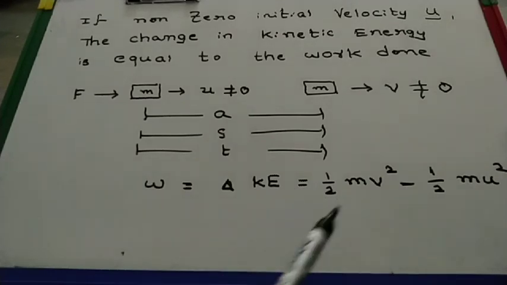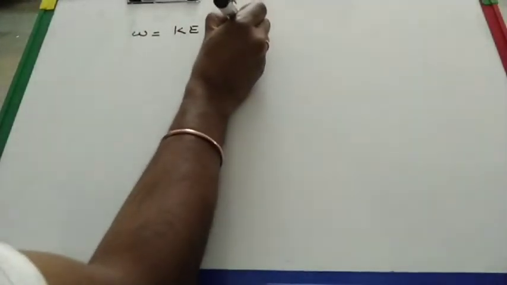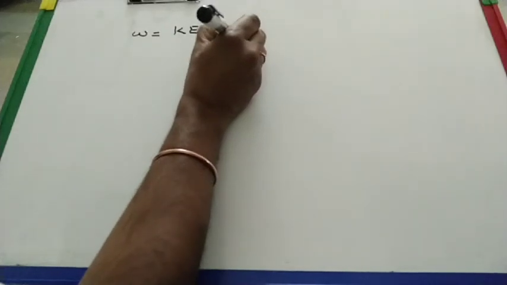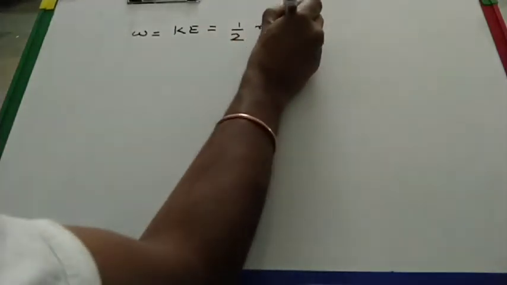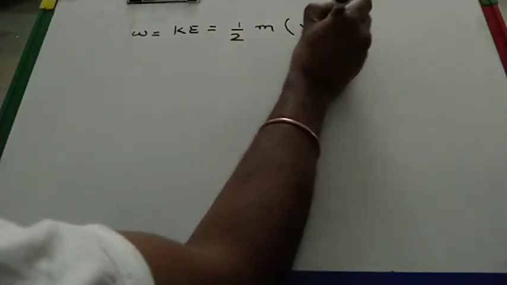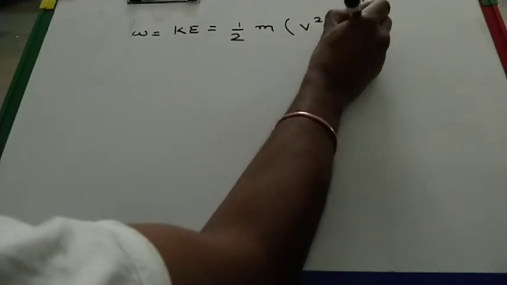That means W is equal to kinetic energy change, how we can write this? 1 by 2 m into v square minus u square.